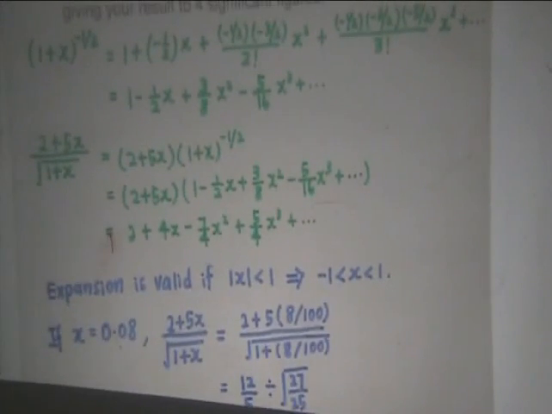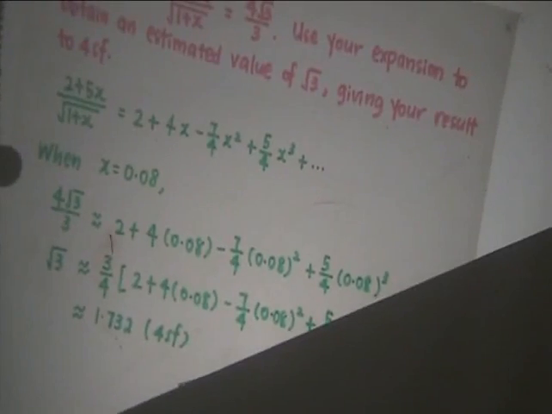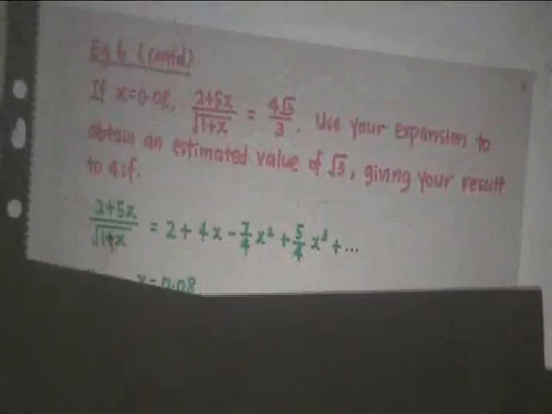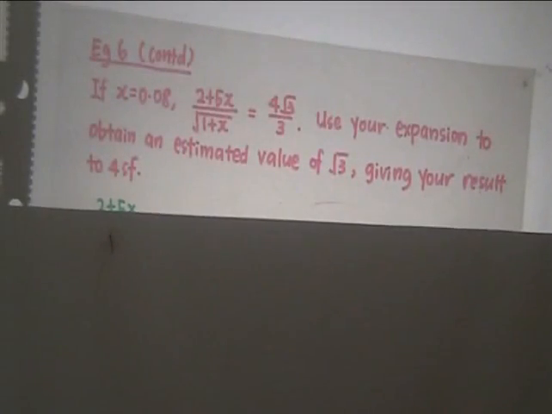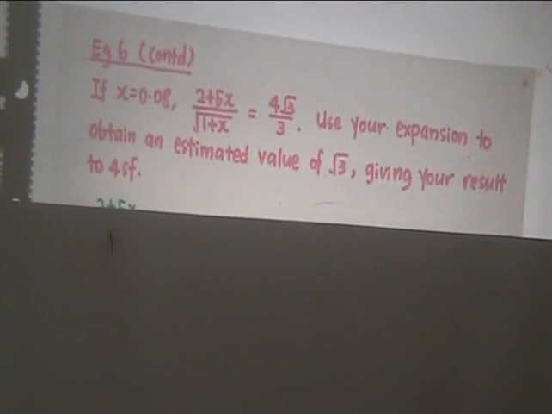Okay, this is the last part of the question. If x is equal to 0.08, show that this is so. So we have shown this. Use your expansion to obtain an estimated value of square root 3, giving your result to 4 significant figures.